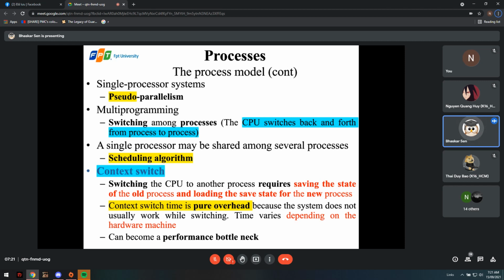Remember, when a process is running, all its register values, that means all its properties and other values, must be loaded into the CPU registers. You remember inside the CPU we had n number of general registers, and these values must be saved.